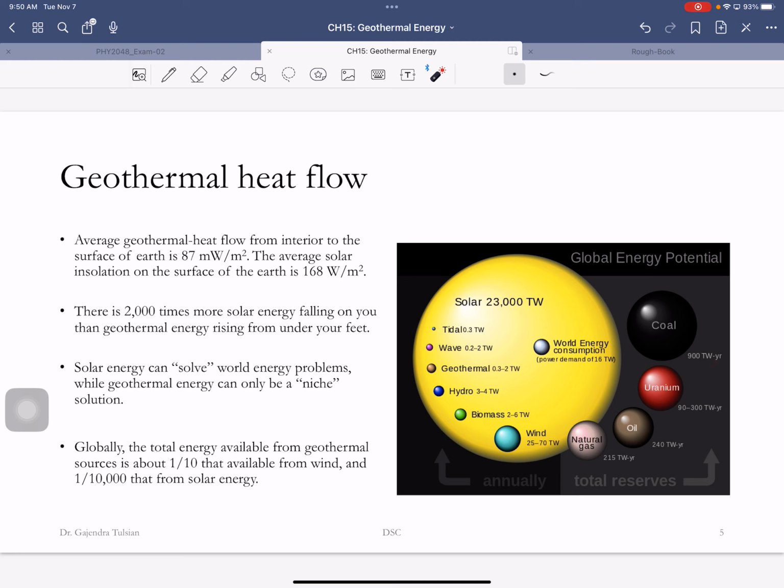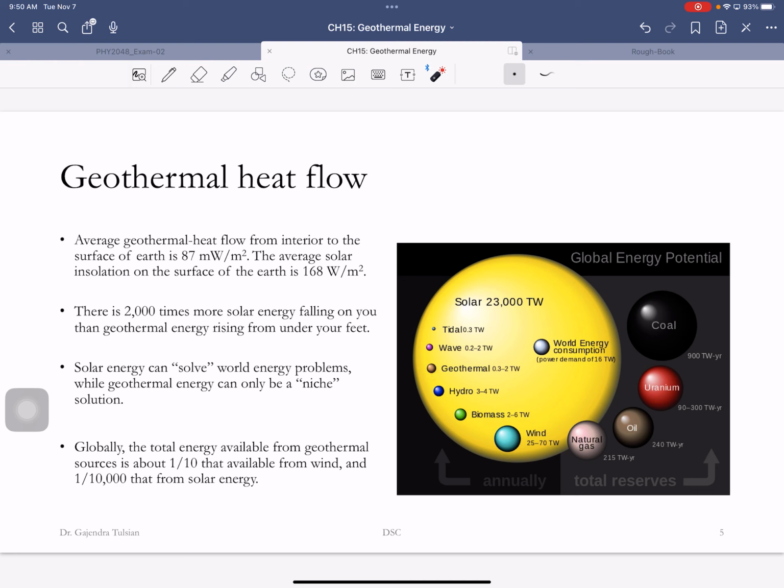That's how much coal we have. These are all finite resources. Uranium as well, but there are other ways of getting around it. Oil is a finite resource, natural gas is a finite resource. These numbers tell you how many years you could run the world entirely on those sources. But anyway, we are talking about geothermal.